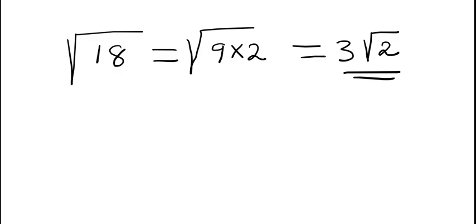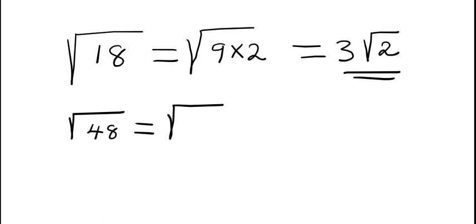Now, what about this? We have square root of 48. What will be the answer in a simplified form? So it's going to be looking out for a factor pair that one of them is a perfect square.